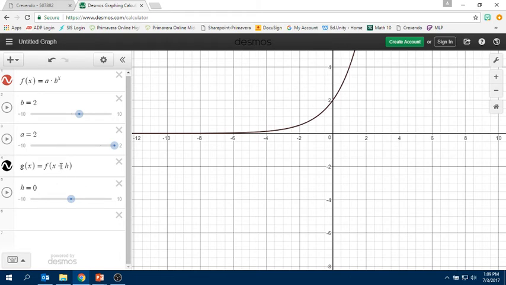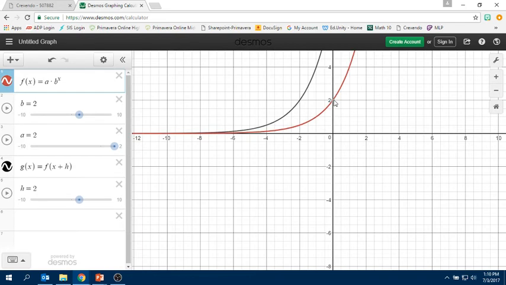Okay, so now let's let h be a positive number. According to what I just told you, adding a number inside there, if I let it be a positive, like say +2, it should shift the graph to the left 2 units. Let's see that happen. There, so now I've changed the value of h to 2. Notice what happened to these coordinates here.